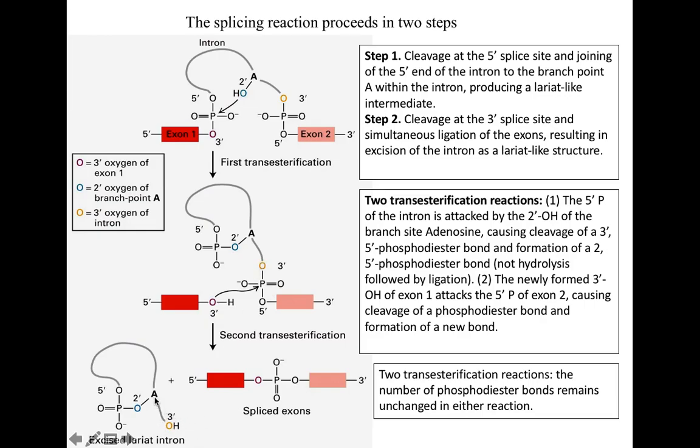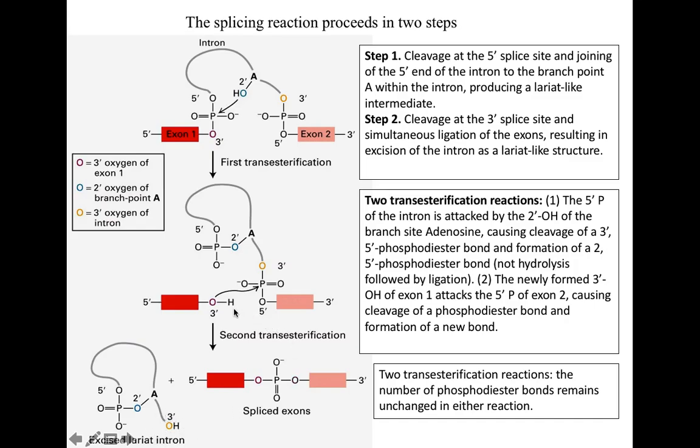So the intron that has been removed now contains a lariat structure, a hook-like, loop-like structure, where we have this 2', 5' phosphodiester linkage, and it contains a free-hanging 3' hydroxyl end.